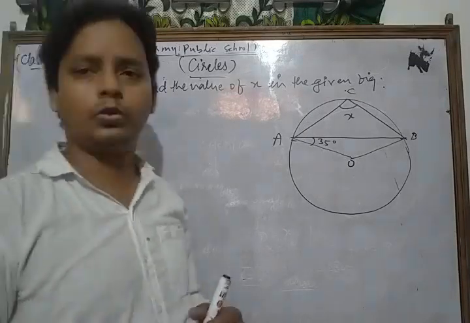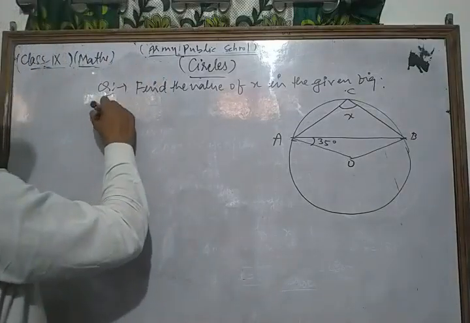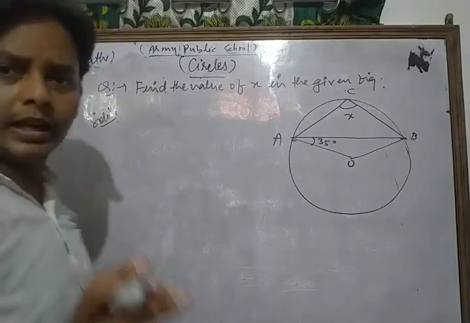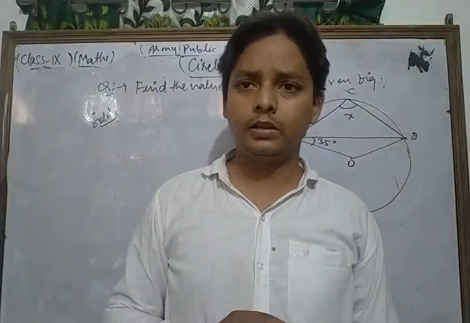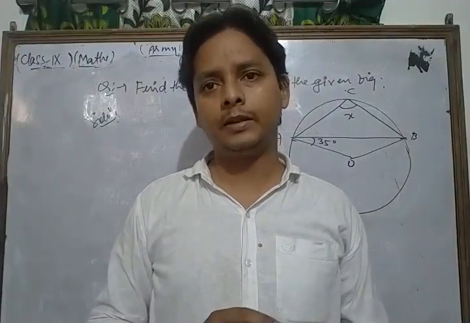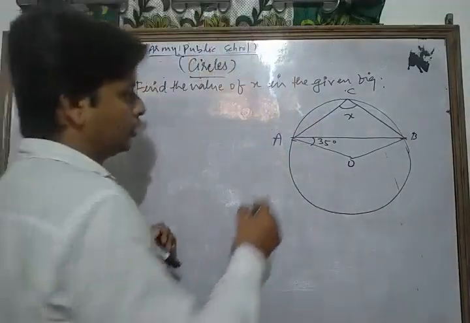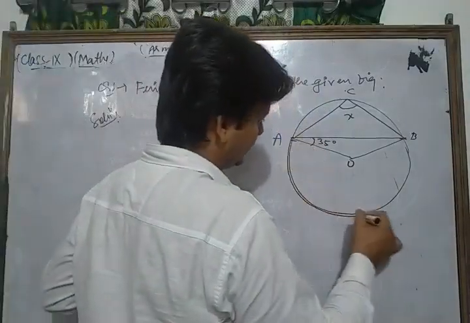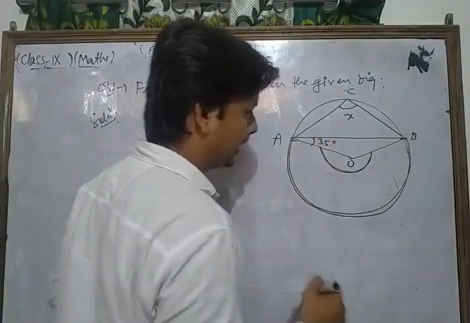Now look what I do, dear friend, let's see its solution. Since you know that the angle subtended by an arc at the center of the circle is double the angle subtended by it at any remaining part of the circle. So we consider the arc AB, then this is angle AOB.